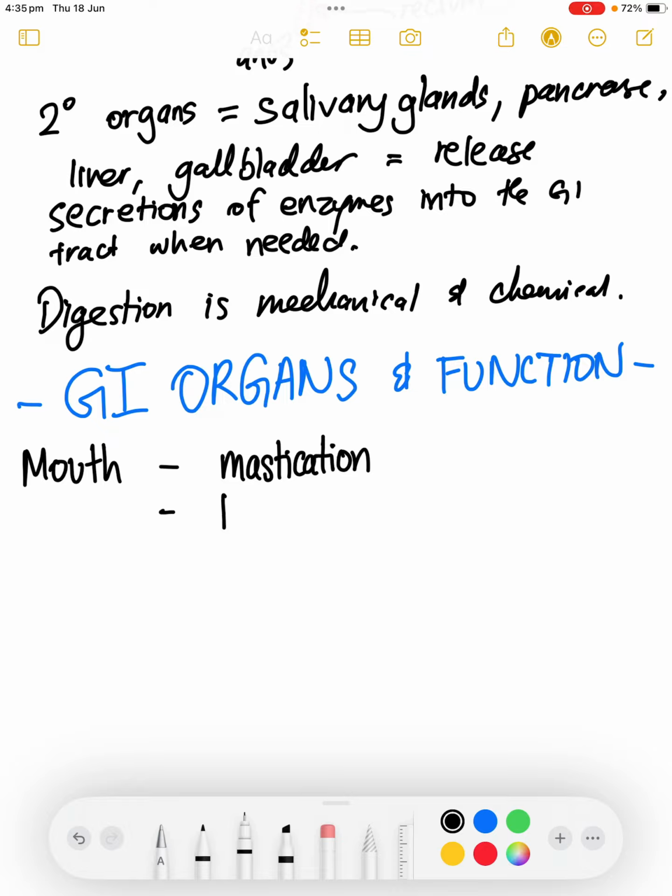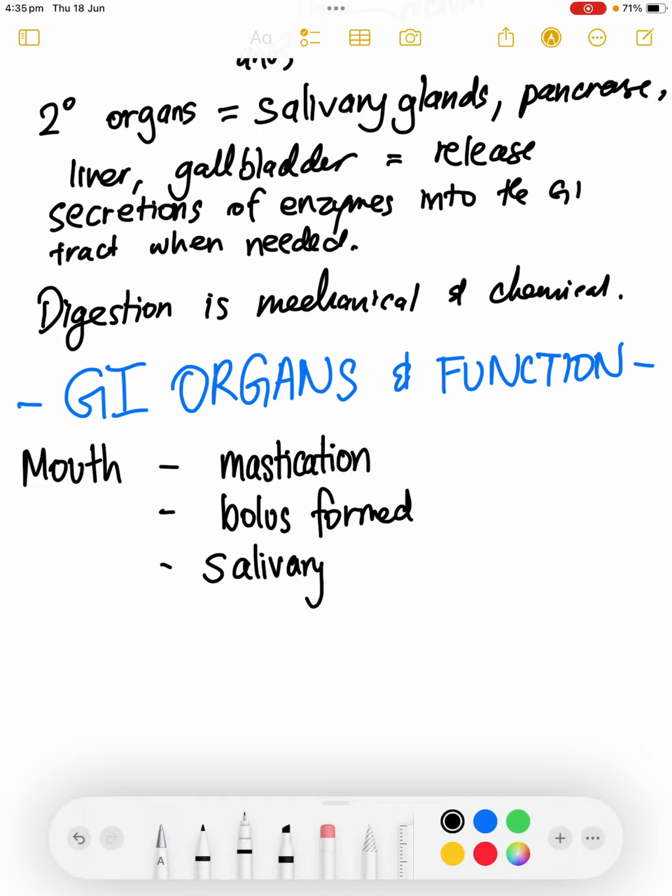I'm just going to put bolus formed, and the bolus is formed, as I said, as the saliva moistens up the food. And salivary amylase actually begins digestion of carbohydrates. All right, and lingual lipase begins fat digestion.